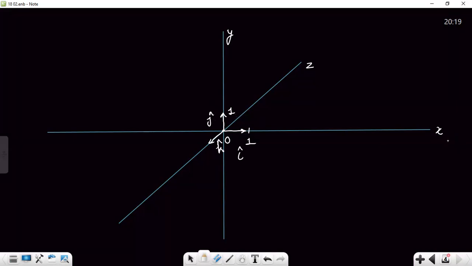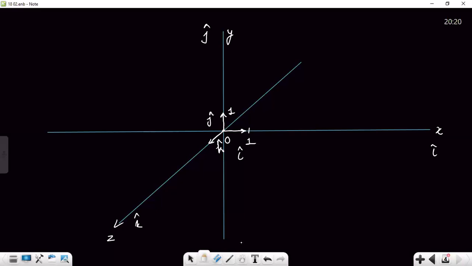So if someone has to move in x direction, i cap is used as the unit vector, and in y direction, j cap is used as unit vector, and if one has to move in z direction, then k cap is used. Okay, positive z here. So i cap, j cap, k cap are the unit vectors for x, y, z axis.